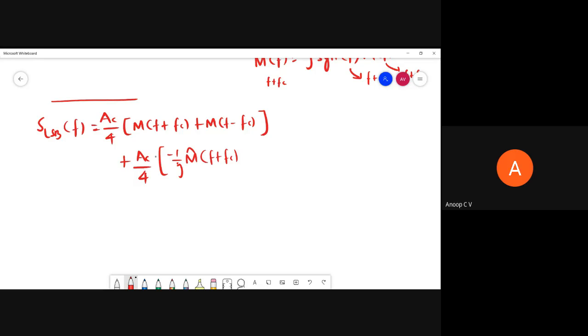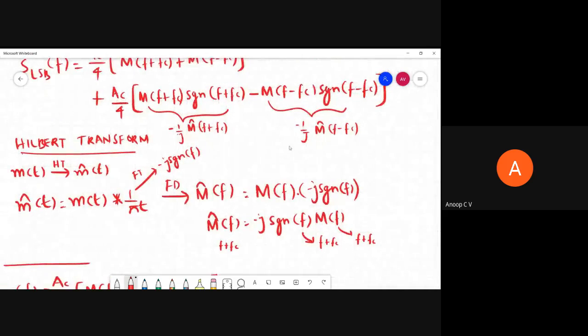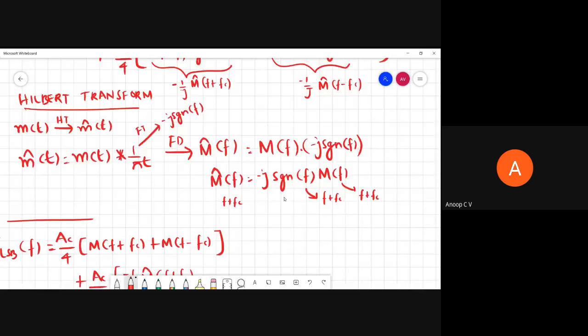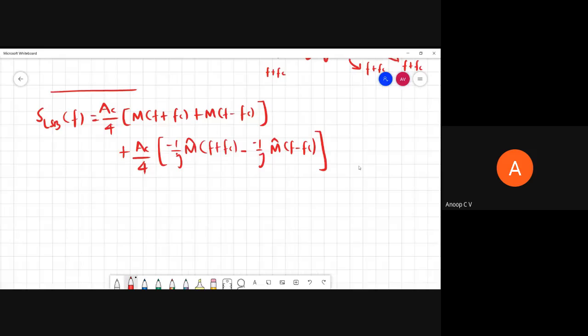And again, what is the next term? It is minus of minus 1 by j m cap of f minus fc, right? So we have this much now.